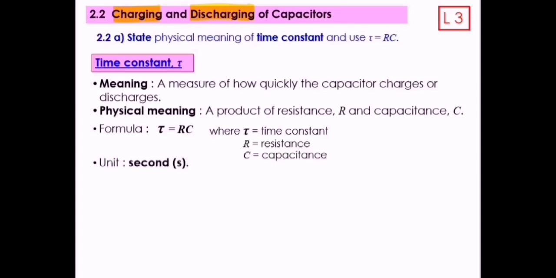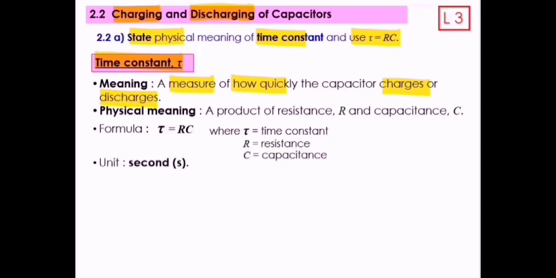For this part, the first learning outcome is to state the physical meaning of time constant and use the equation tau equals RC. So what is time constant? Time constant is a measure of how quickly a capacitor charges and discharges.